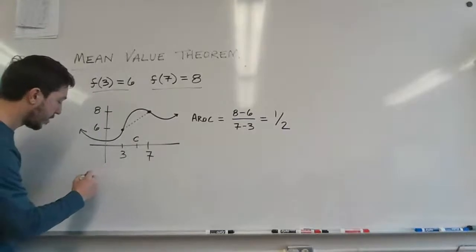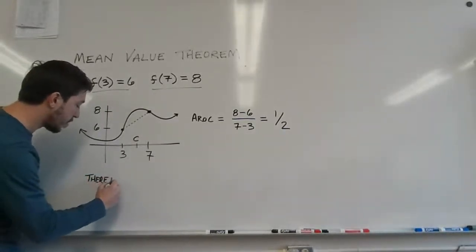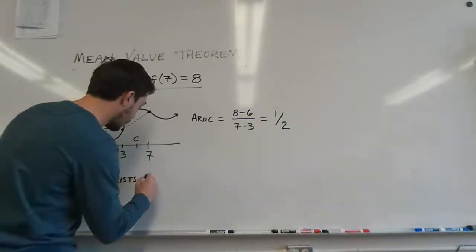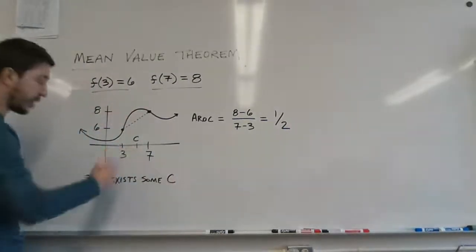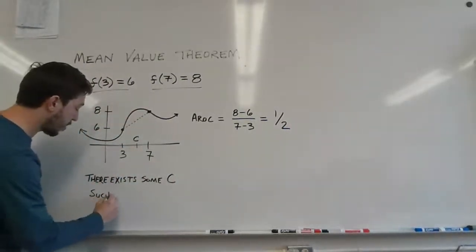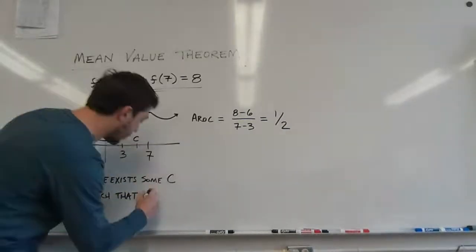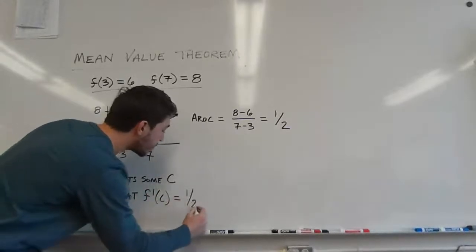So I'd say there exists some x value named c such that the derivative at c is equal to 1/2.